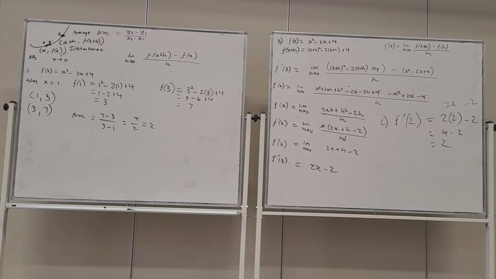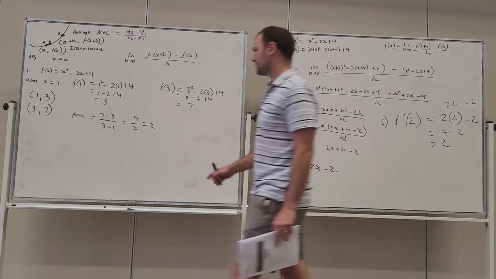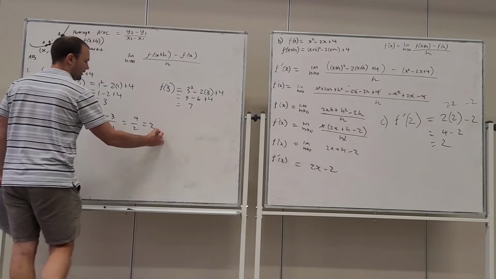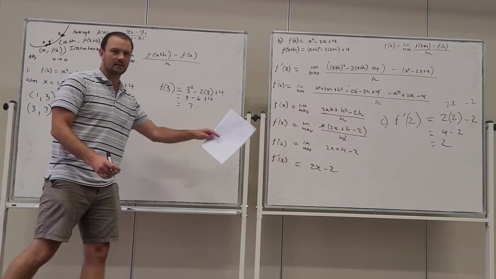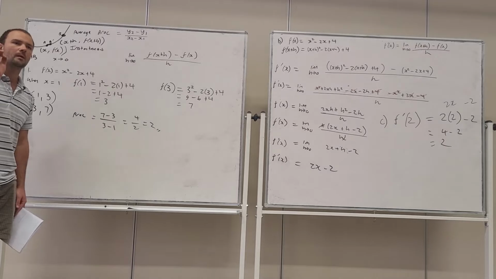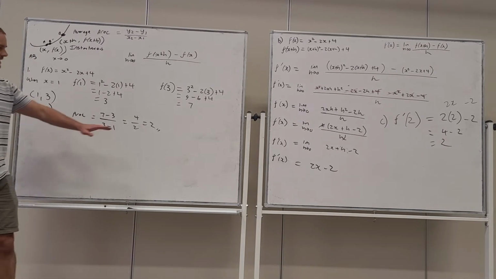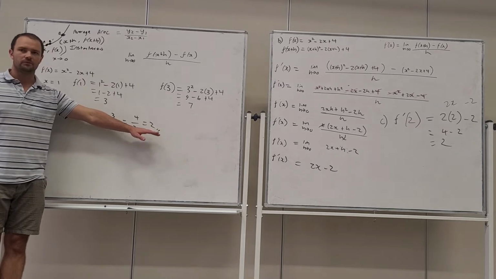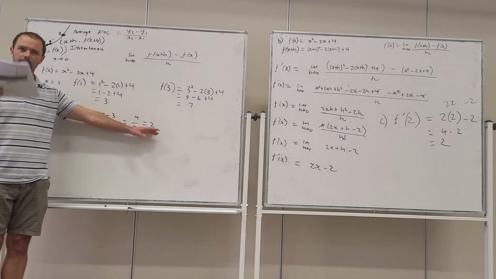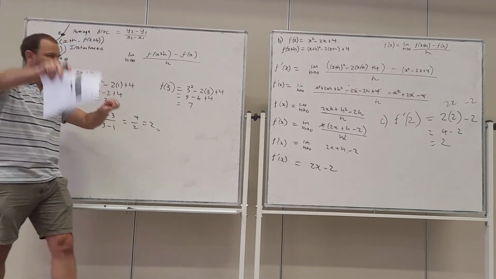Okay, part D says explain the difference between A and C. So if we look at part A, our answer was 2. And if we look at part C, our answer was 2. They have the same value, but there's a difference between them. This is the average rate of change. It's occurring over an interval.